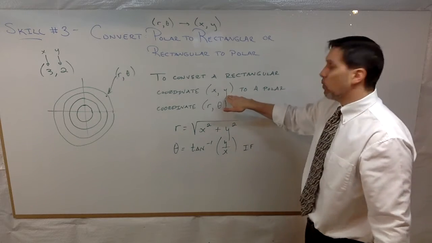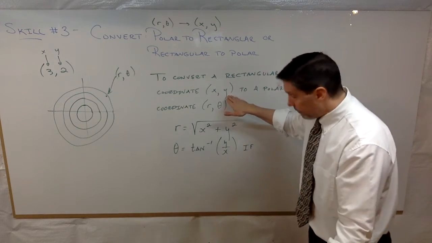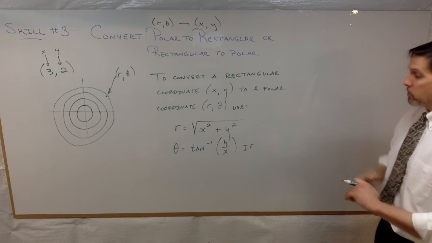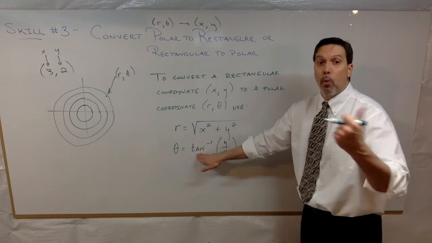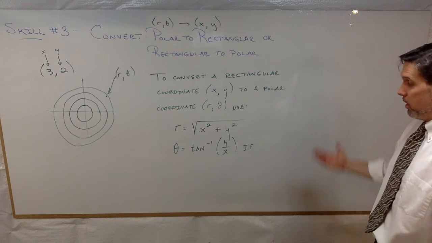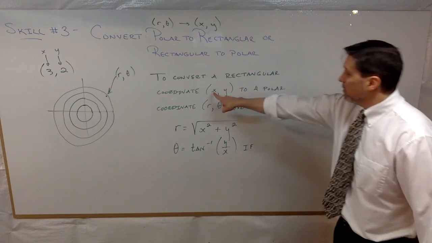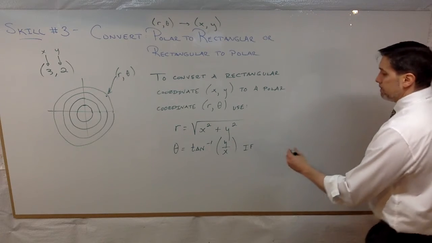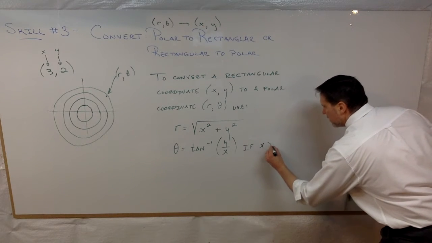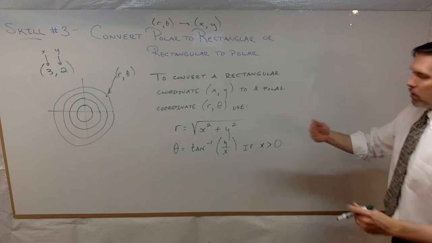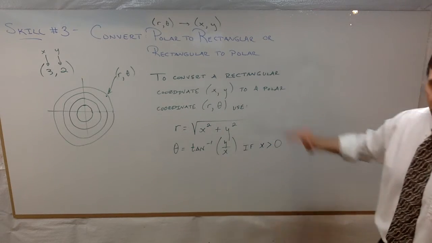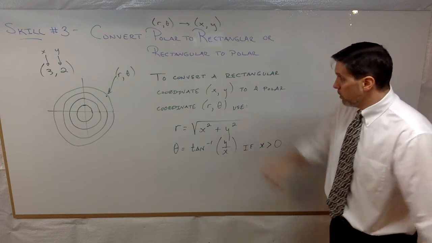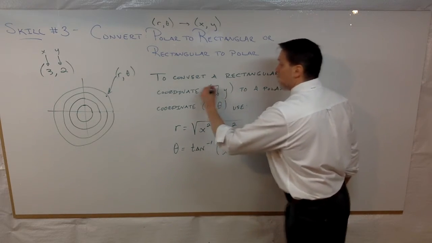So if this point is in quadrant 1 or quadrant 4, then we just simply say it's the inverse tangent of y over x, because that's where this is defined, quadrant 1 or quadrant 4. Now you say, okay, how do you know? Well, you can tell totally by your x-coordinate. When your x-coordinate is positive, you will always be in either quadrant 1 or quadrant 4, regardless of what the y-coordinate is. So you're really just focusing in on that x-coordinate.